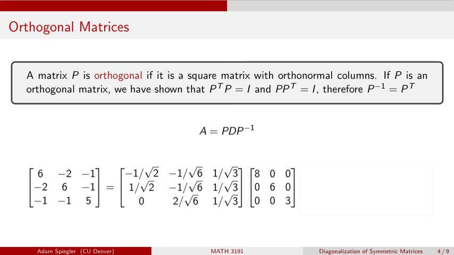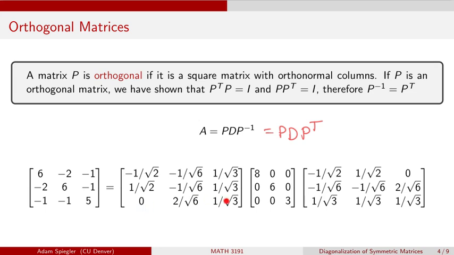But now we can just use the fact that P inverse is going to just equal the transpose of P. So in place of P inverse, I just take the transpose of this matrix and multiply on the right by the transpose, which is equal to the inverse. So there we've saved quite a bit of computation. So when we had this symmetric matrix, at least, we were able to construct a matrix P to diagonalize it such that this matrix P had columns which were all orthonormal to each other.